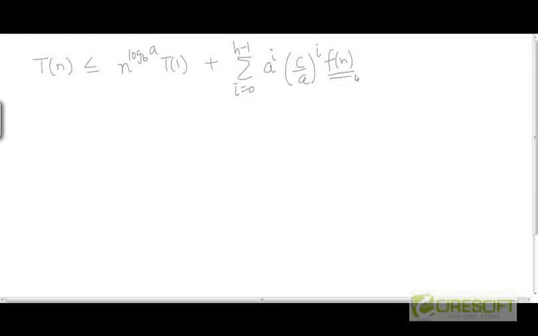So we can pull f of n out of this summation because it's independent of i. So this is f of n multiplied by a to the power i times c to the power i divided by a to the power i. So these two cancel out again.